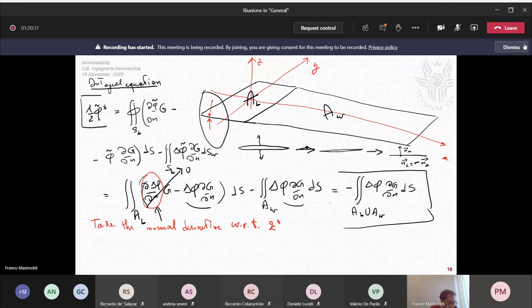In other words, I want to take the derivative of phi star with respect to zeta star, and we have this quantity just here in the left-hand side.